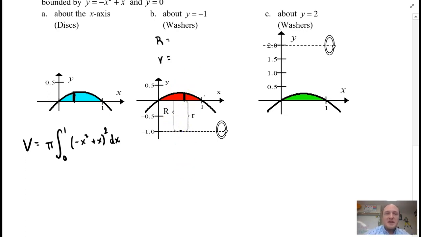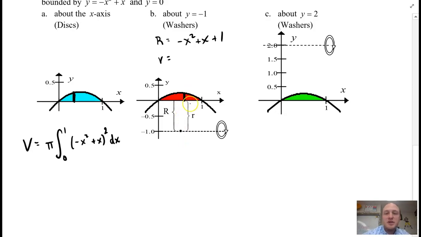Big R is the distance from my function, this got cut off, this should go to here, so from my function all the way down. That is my function, and that's this distance, so negative x squared plus x, plus this whole distance here, which is 1. So there's my outer radius, the distance from here all the way down.